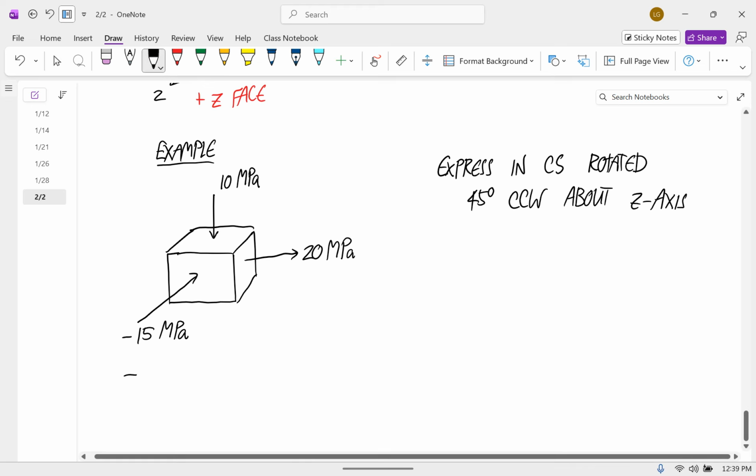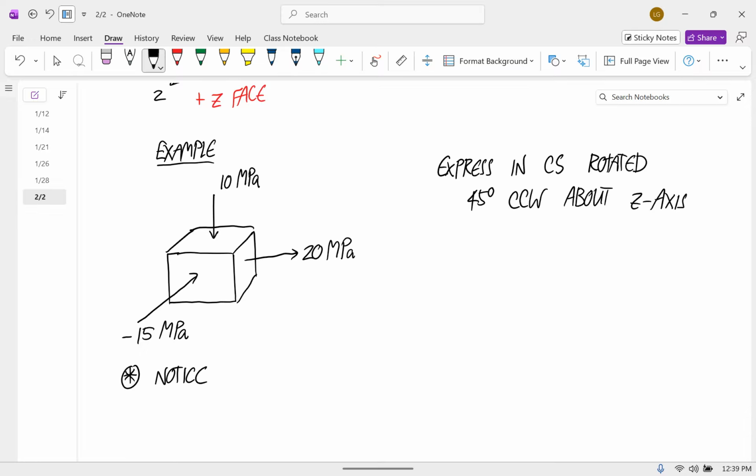Okay, so what I want you to notice about this is that there are no shear stresses in the original stress cube. Or so in the original stress tensor.